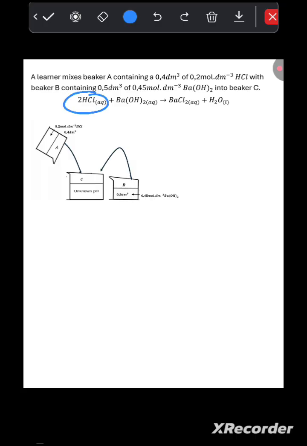For this one, I'm going to say the number of moles. What is the concentration? Concentration is equal to number of moles over volume. The aim is to calculate the number of moles first. Now the concentration of A, the acid, is 0.2, equal to number of moles over the volume, which is 0.4.